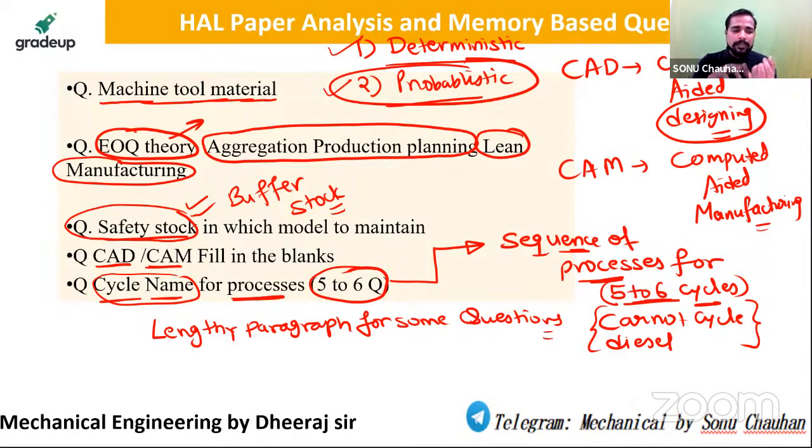Even if they can solve the thermodynamics problems, due to a few numerical portions they have to invest a lot of time to read the statements. So again, this may be a problem for all engineers. The diesel cycle, yes, it was asked, and the Carnot cycle and dual cycle like this.